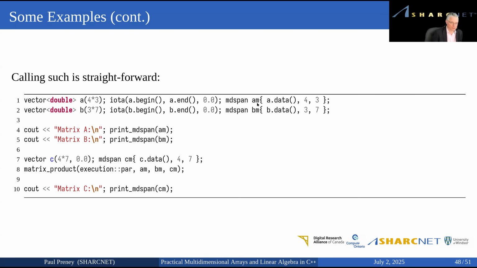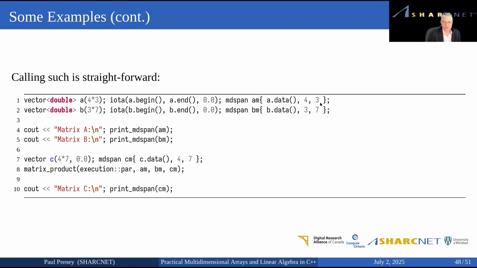So AM is the mdspan of A, BM is the mdspan of B. Some of you might say, hey, can we have more than one mdspan on the same array to give it a different view? Yes, you can. Some languages call that reshaping. So if you have a need to reshape your matrix to look different, you can do that. Okay, just declare another mdspan.